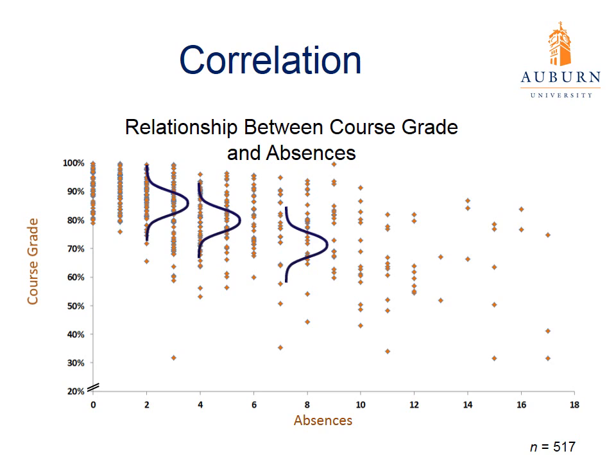So if we were to look at students who had 2 absences, we could create a normal distribution that represented all those students in their course grades when there were 2 absences. We could also do the same thing for students at 4 absences and 6 absences and 8 absences and so on and so forth. And the spread of those course grades for each one of those levels of absences should be the same.